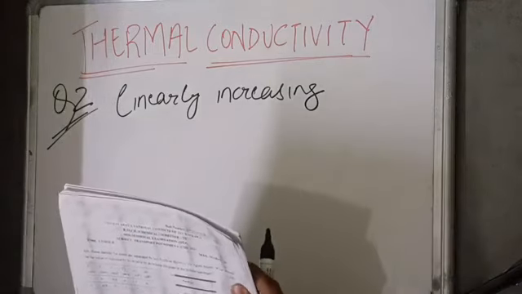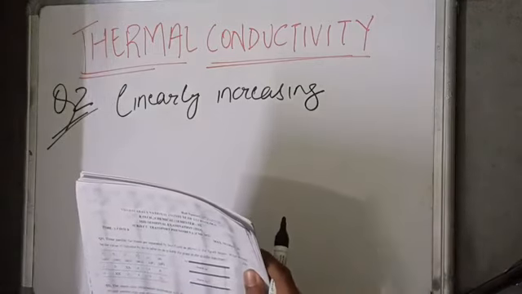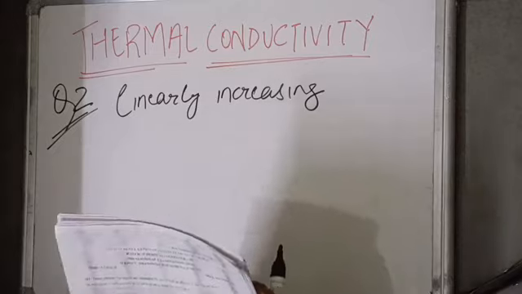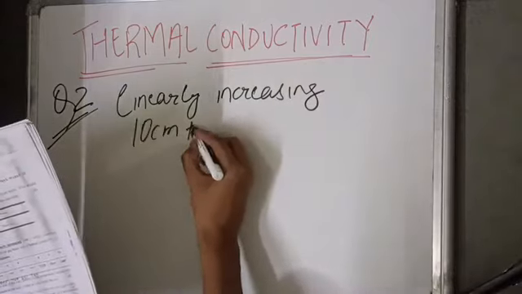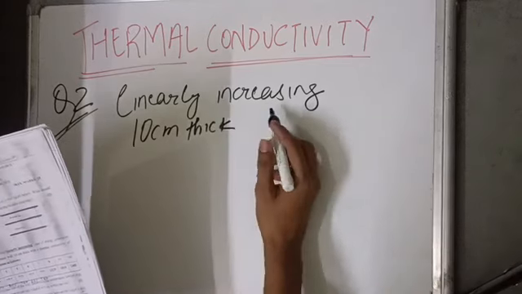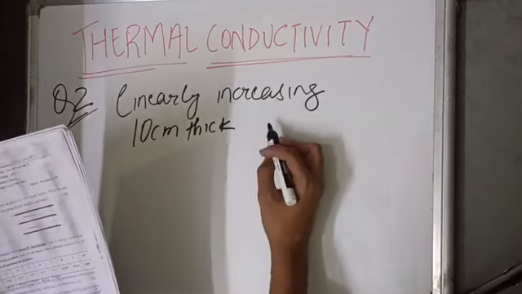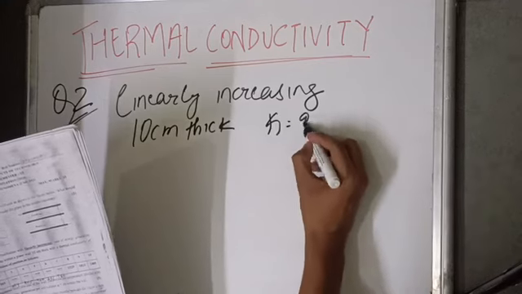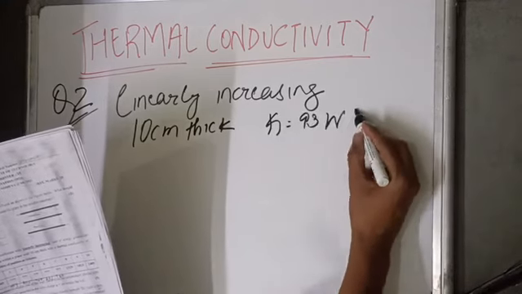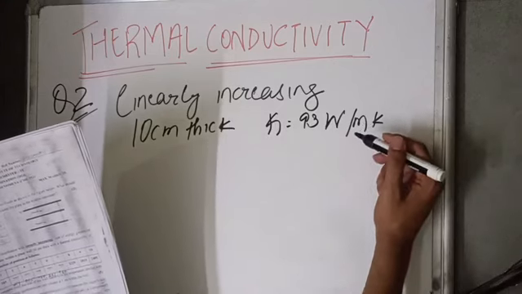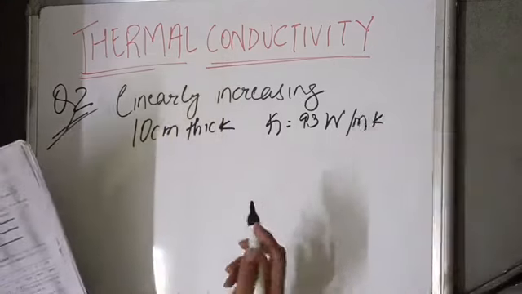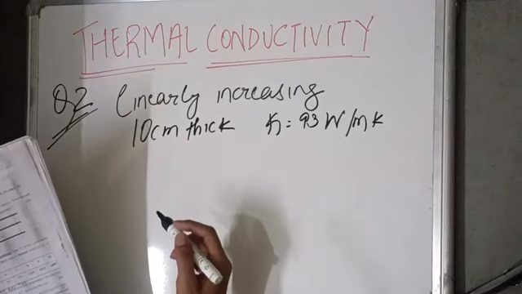rate of energy generation per unit volume within the plate wall is given. The wall is 10 centimeter thick with a thermal conductivity of 9.3 watt per meter Kelvin, as a function of position as follows.